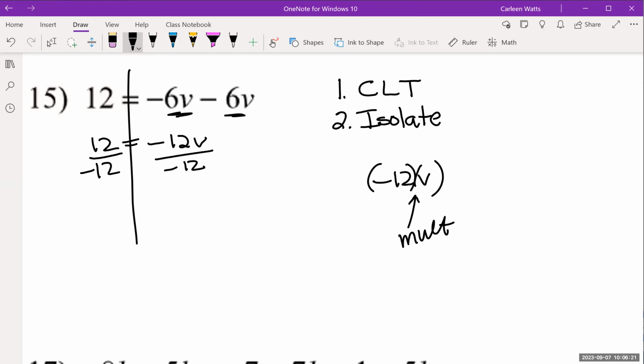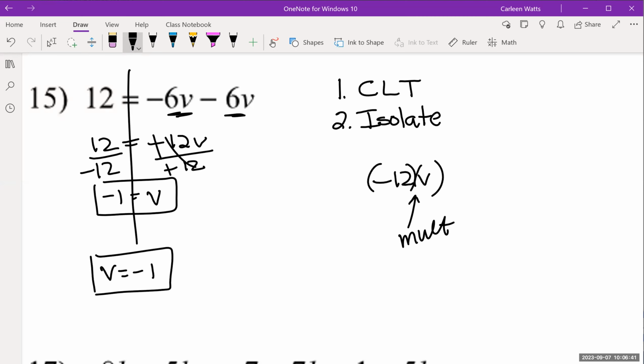That is not V minus 12. That is -12 times V. The negatives cancel, the 12s cancel. 12 divided by -12 is -1. Let's go ahead and lead with our variable. There we go.